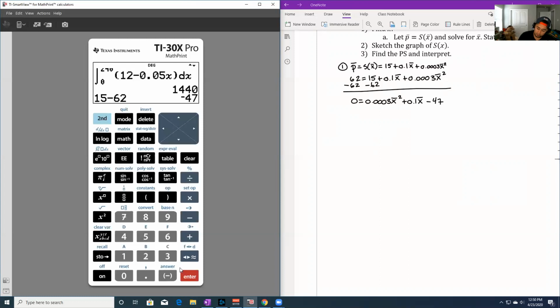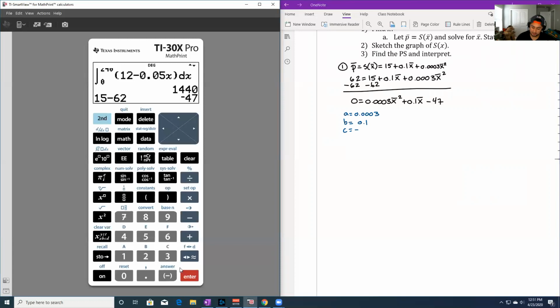So we quadratic formula. I'm going to label everything I have. And here, A is 0.0003. B is 0.1. C is negative 47.